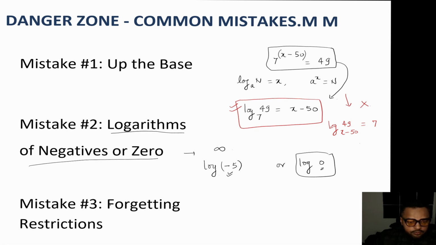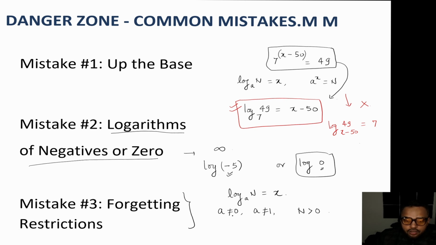The second part is the most important, that is forgetting restrictions. Log of n to base a will be equal to x. So here certain restrictions must be there: a will not be equal to 0, and a should not be equal to 1, and it must be positive. Similarly, n should always be positive.